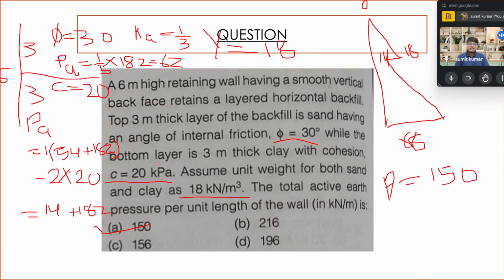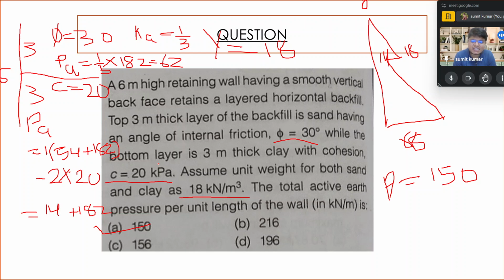Similarly for the second layer, as phi is not mentioned, we assume phi as 0, so K is going to be 1. We write the equation there as well: K into gamma Z, with K equal to 1, that is for the first layer 18 3s are 54, plus 18Z, minus 2C root K, where C is 20 and K is 1. So the equation is going to be 14 plus 18Z. Now putting Z equal to 0 for the second layer, the value we get is 14, which is plotted in the graph on the right side of the diagram.